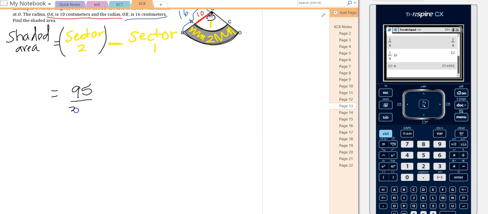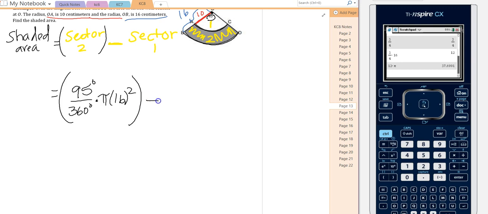So 95 divided by 360, because these were both in degree mode, multiplied by pi r squared. Now the radius of the big sector was the whole distance from O to B. O to B is in blue, and that's what we said was 16. So this is 16 squared. This is the sector for that shaded region.